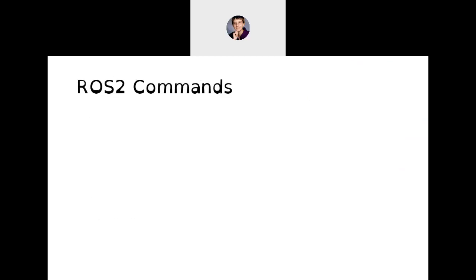And so when we're working with these ROS nodes, we're going to be utilizing the terminal a lot, right? So we can start nodes, we can monitor nodes, get information about these nodes, and also the connections between them, all through the terminal. And all of these commands are going to start with ros2, right?